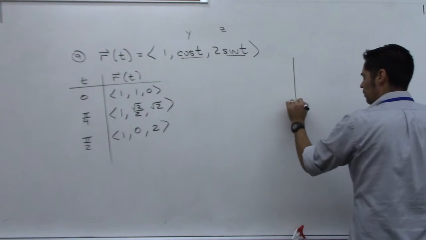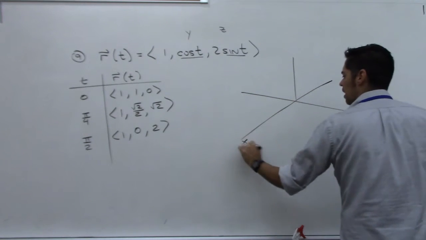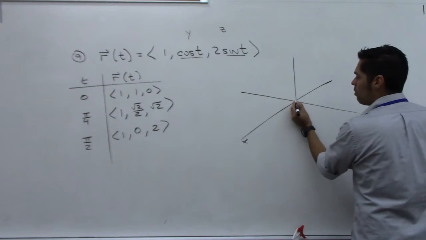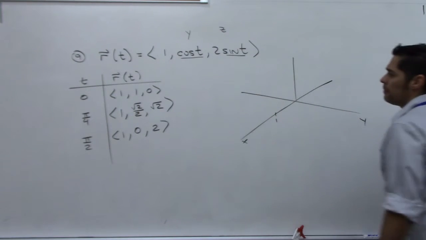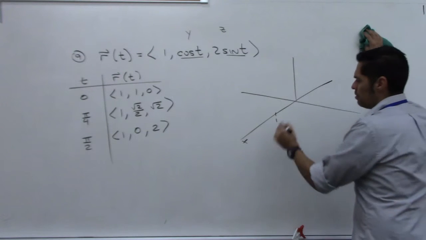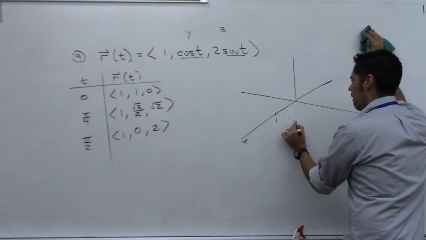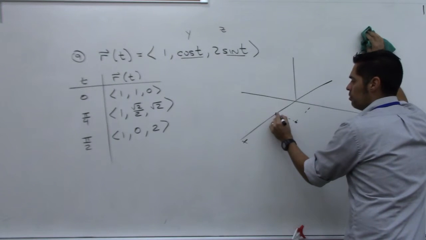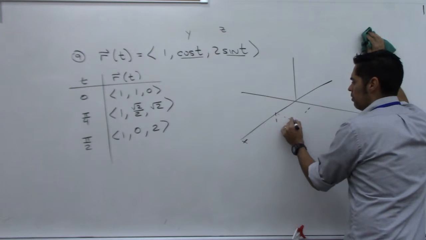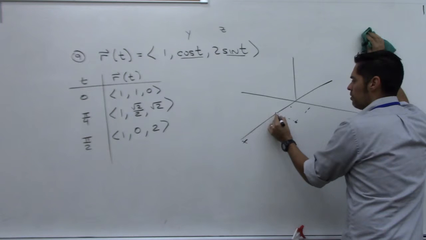So here's x, here's y. So my x-coordinate's always 1. So let's say this is 1. And then, let me draw a couple of these points. 1, 1, 0, which would be about here. And then 1, root 2 over 2, and up root 2, something like that. And then 1, 0, 2 would be up here.